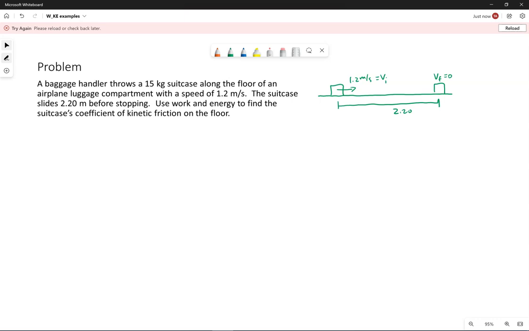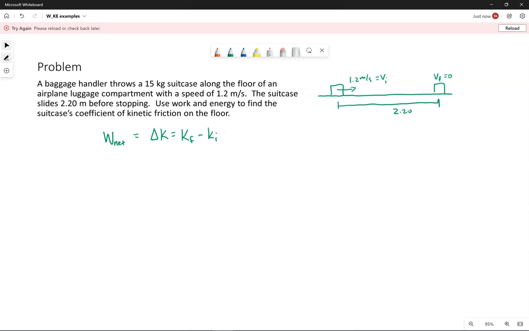So again, the work-kinetic energy theorem. We can relate forces to the change in kinetic energy, which means we can relate force to speed by this equation.